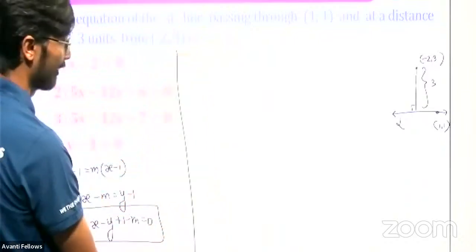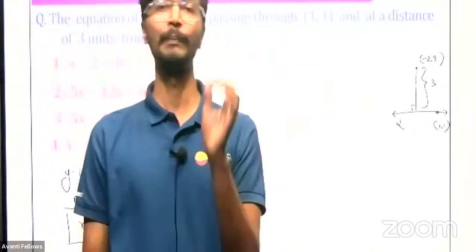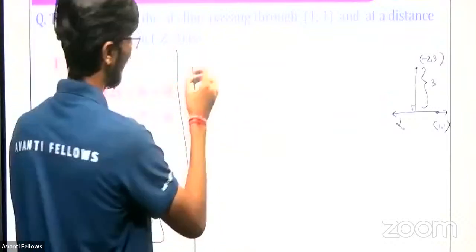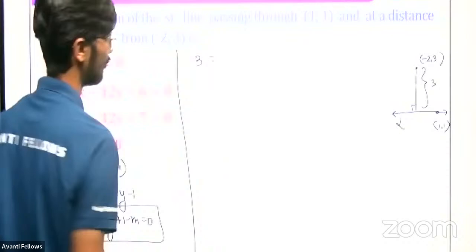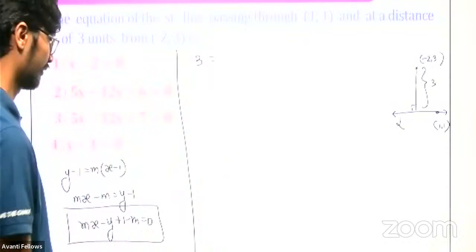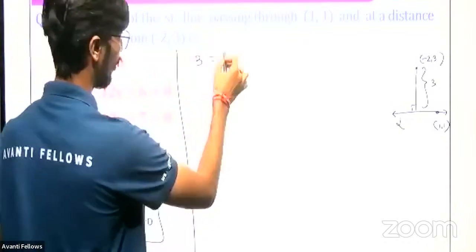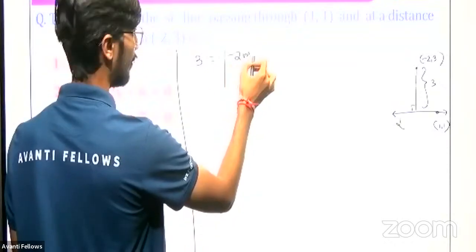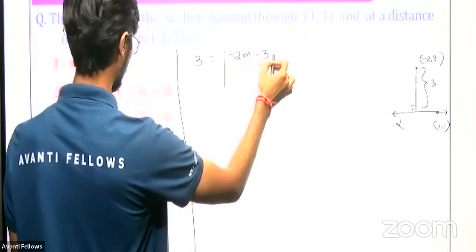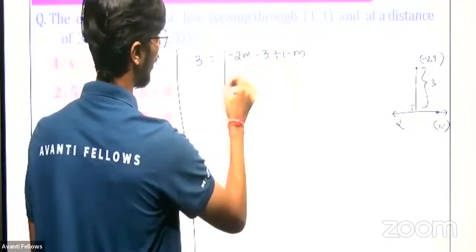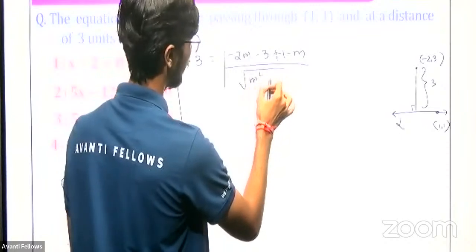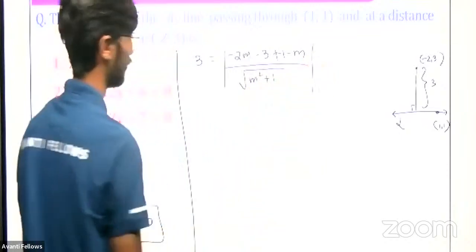Now let us use the perpendicular distance formula because it is given that the perpendicular distance is 3. So I'll get 3 is equal to the mod of minus 2m minus 3 plus 1 minus m, upon under root of m square plus 1.